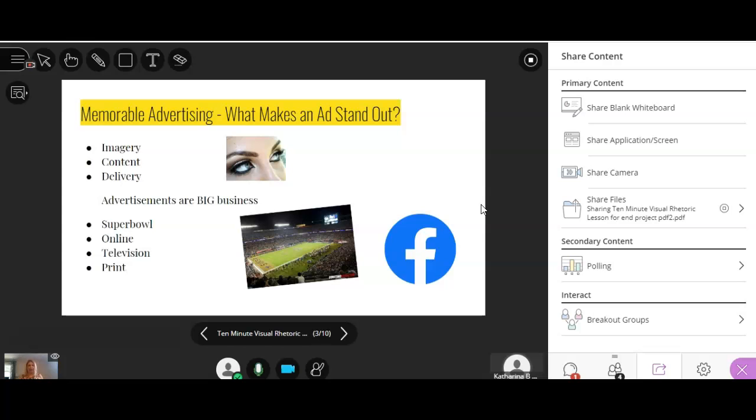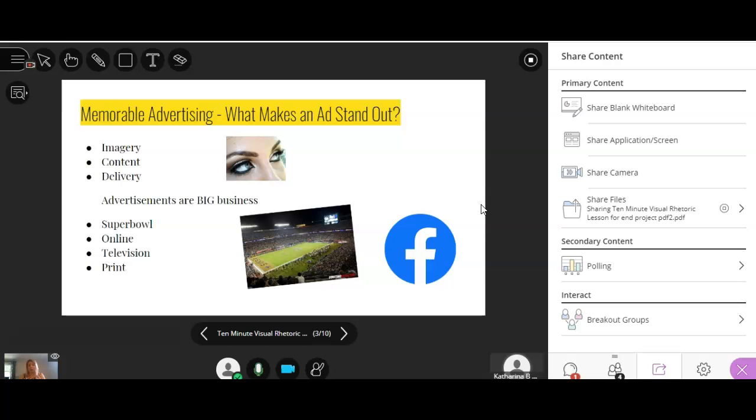So today we're going to look at what makes advertisements stand out and how advertisements are persuasive. Because when we look at advertisements throughout our lives, we need to be intelligent consumers of information. That's the biggest thing, because if we're not, we can be gullible. We can be drawn in by the flash and bang and be taken advantage of, and that's not good.